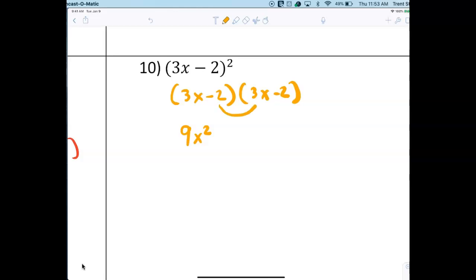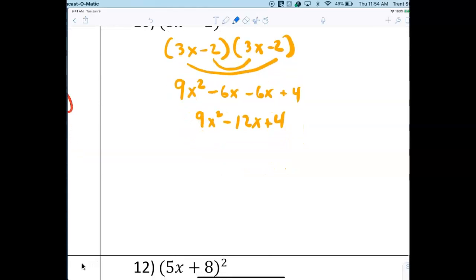First smiley face: negative 6x. Second one: negative 6x. And finally, positive 4. You okay with that? So do the middle terms cancel out this time? No, they add together. Exactly. 9x squared minus 12x plus 4. That's it.